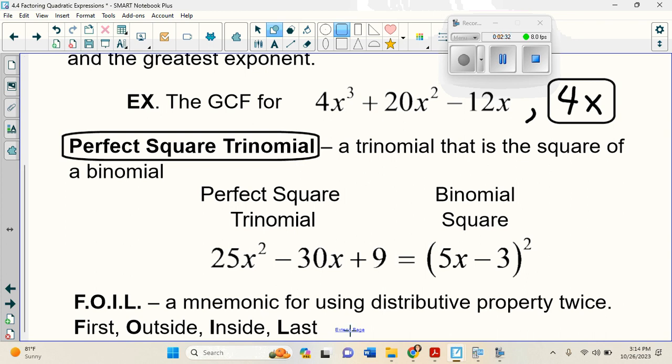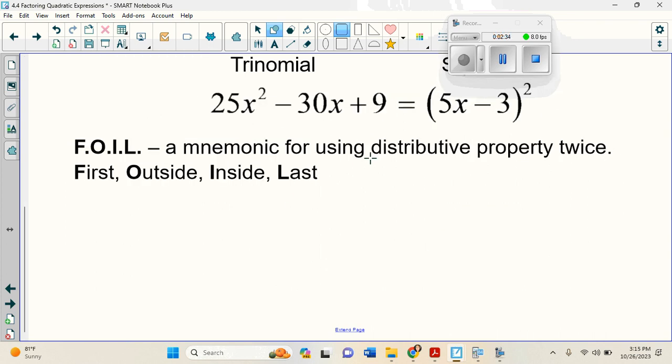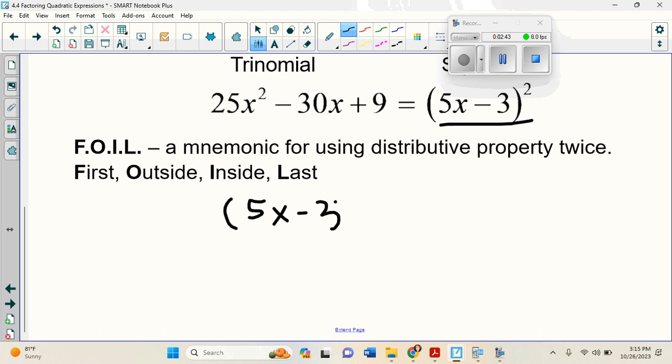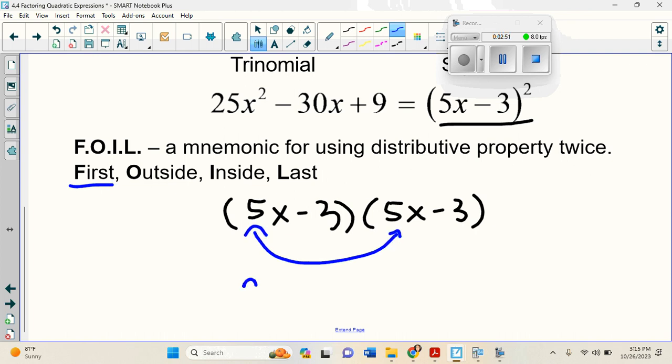FOIL is a method used to remember how to use the distributive property twice. So in this example, you would write 5x minus 3 twice. Then you would take the first terms and multiply them. 5x times 5x is 25x squared.